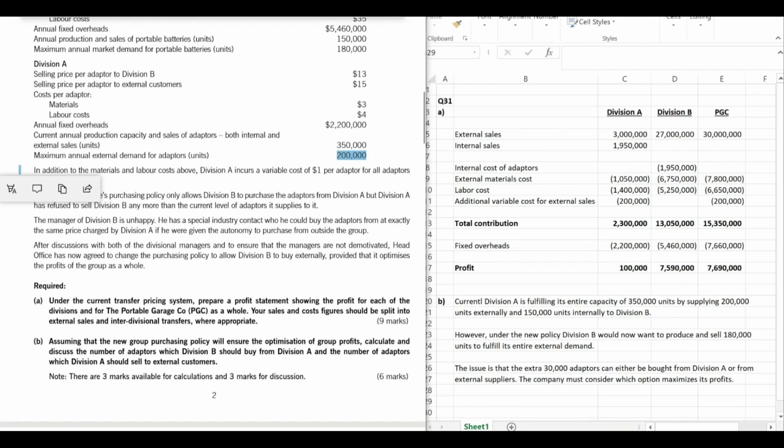The issue only comes when A does not have spare capacity and they have to give up something. They have to give up some contribution to sell to Division B. That's when the company needs to do a cost-benefit analysis.